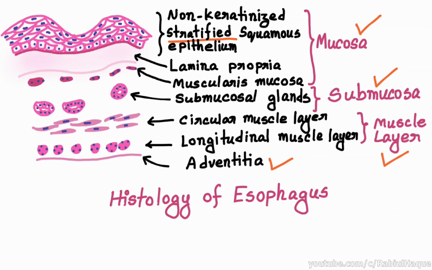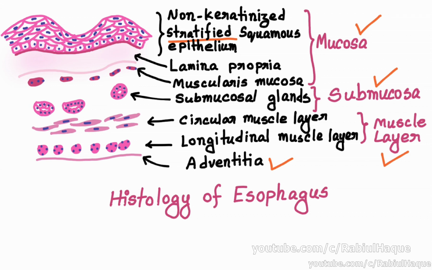And if I want to be more specific, it is non-keratinized stratified squamous epithelium. And whenever there is a malignancy or carcinoma arising in these squamous cells, that results in squamous cell carcinoma of the esophagus.